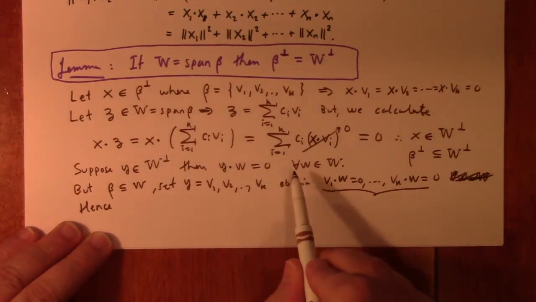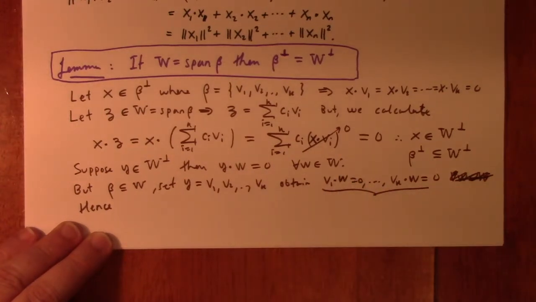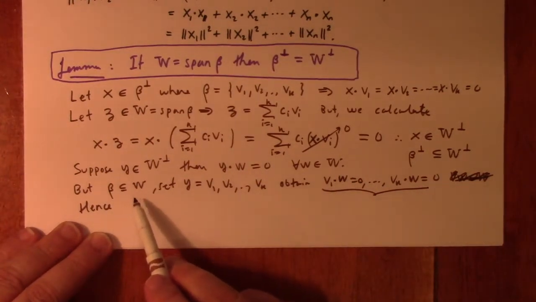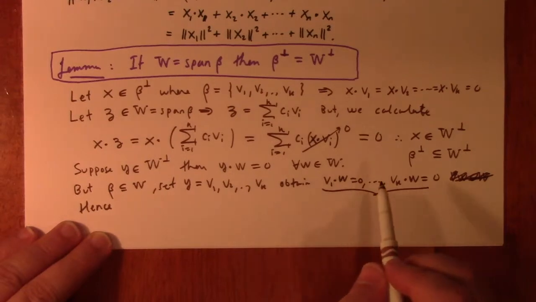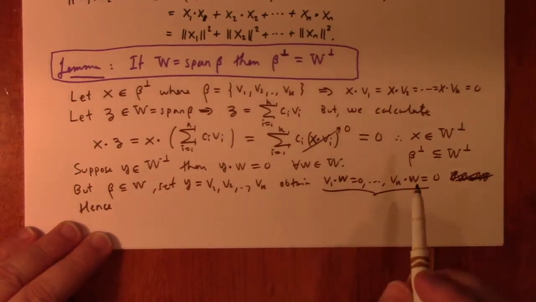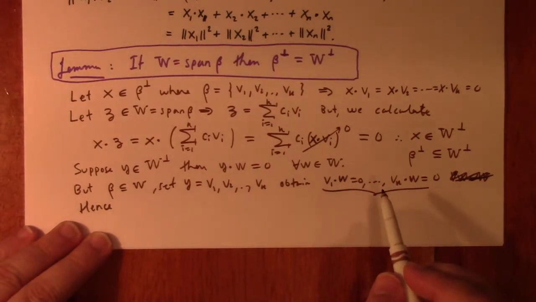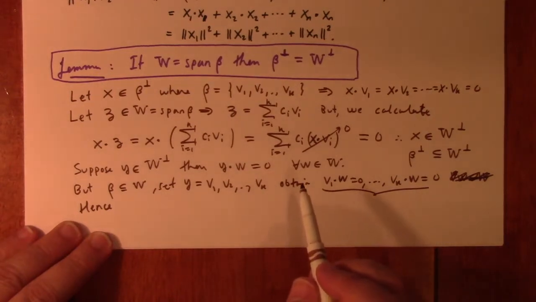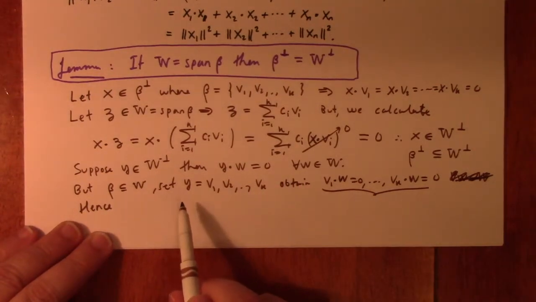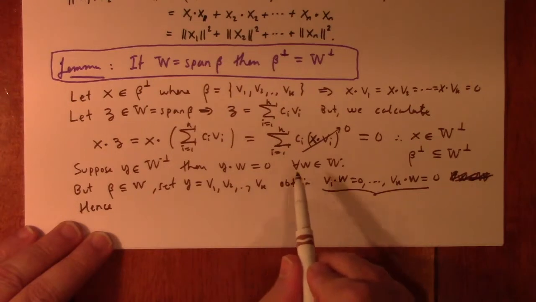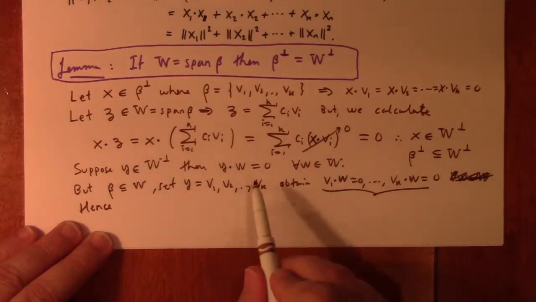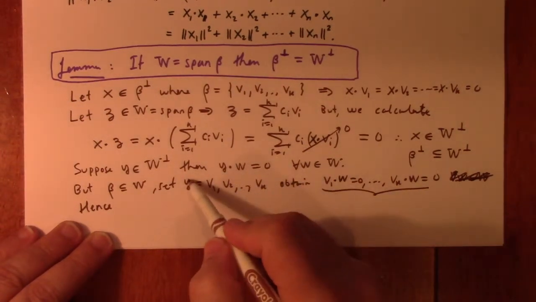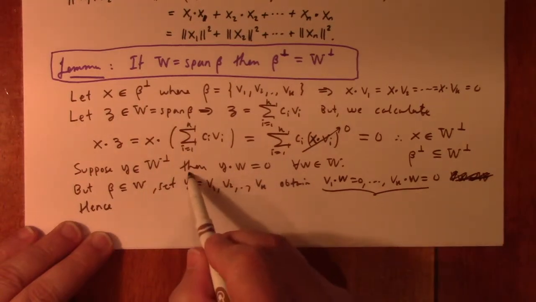Let's see here, y dot w is 0 for all w. So we have that this is true for all w in W, so I don't need to set y, I should not set y, that's the error right there.